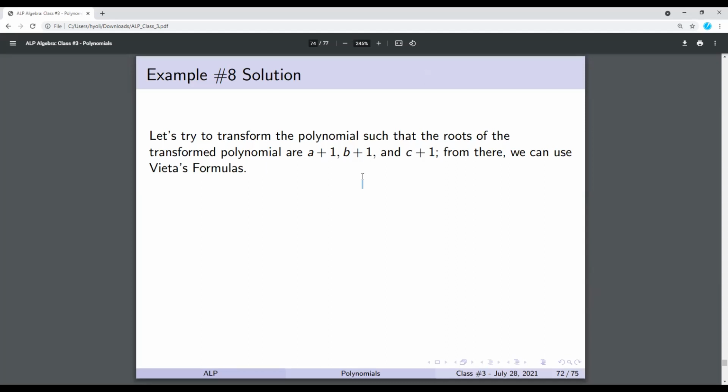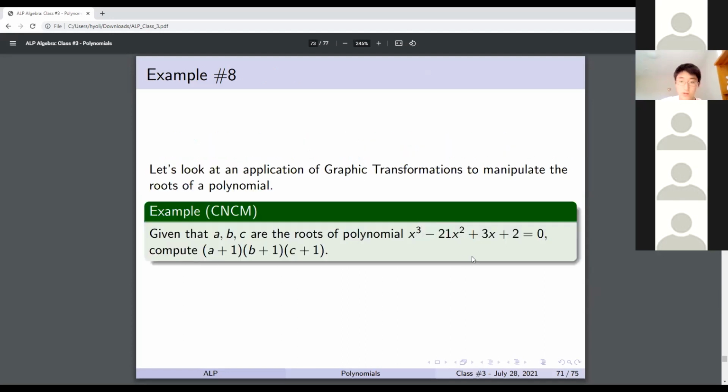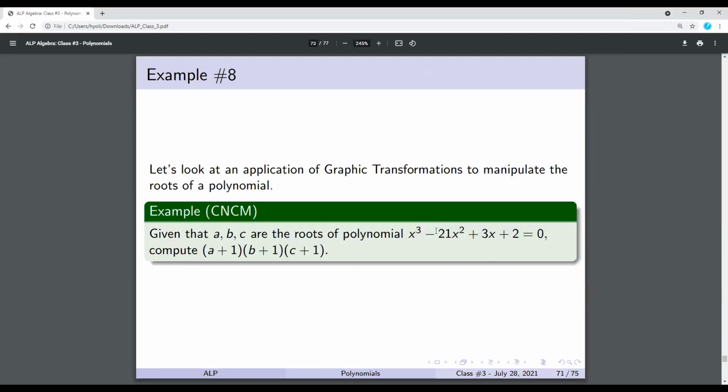Basically this is the question: x cubed minus 21x squared plus 3x plus 2 equals 0, and we want to compute this.